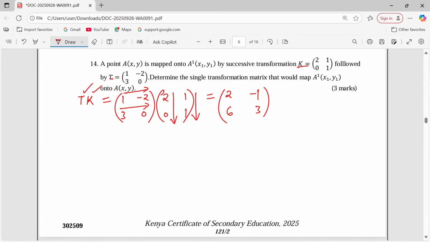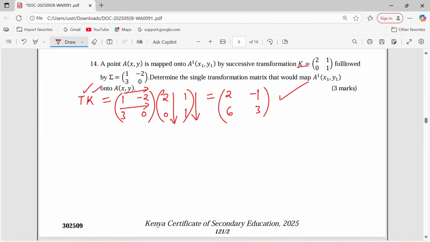So this is now a single transformation which would map A direct to A prime. Because here we have two images involved. One, A was transformed to a certain image, then now to A prime by matrix T. But now a single matrix that would map A directly to A prime would be this one.